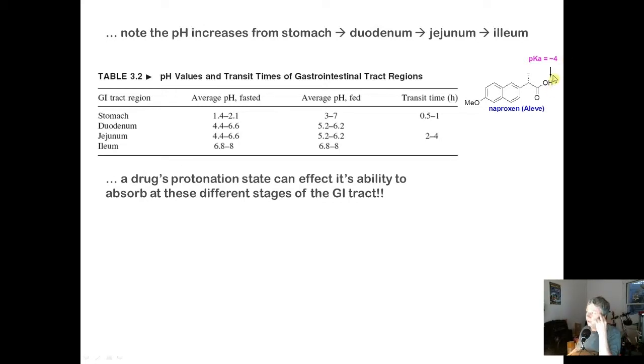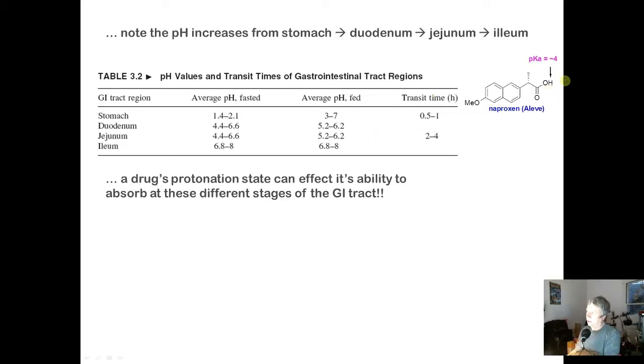What does that mean? At pHs lower than 4, the molecule is going to be protonated, and at pHs higher than 4, it's going to be deprotonated. At pH 4 exactly, it's going to be half protonated and half deprotonated, right? That's the meaning of pKa.